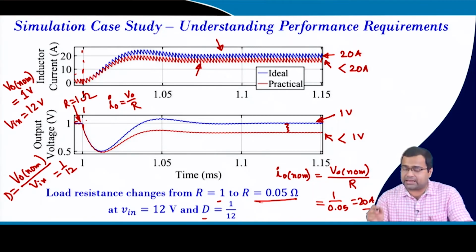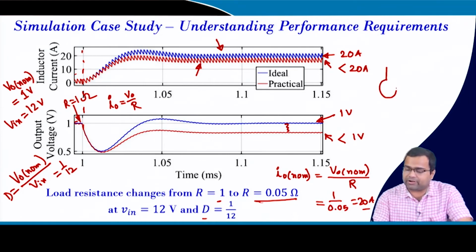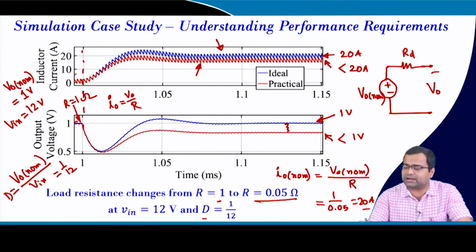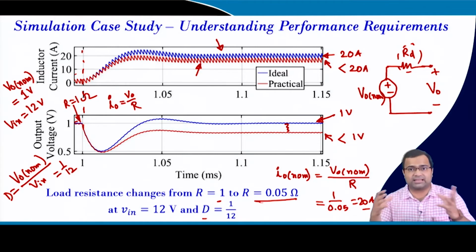If you take an ideal buck converter, you can assume that you have a nominal voltage, that is our desired value, with some resistance RD, and this is my actual output voltage that we are getting, and this RD is 0 for an ideal converter.